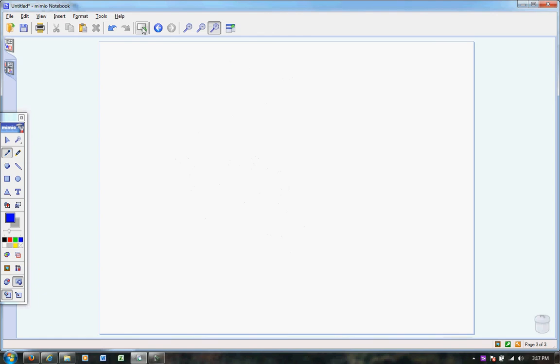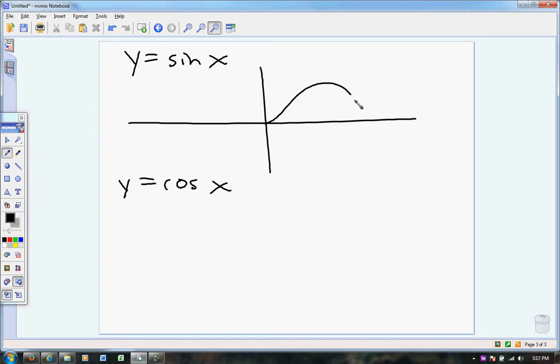The next thing is that you're going to be working a lot with the graphs of sine and cosine. I just want you to remember your parent functions, okay? If you remember, sine does this, but we need to know more than that. It keeps going like this.